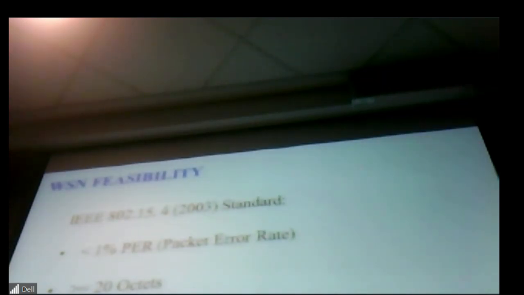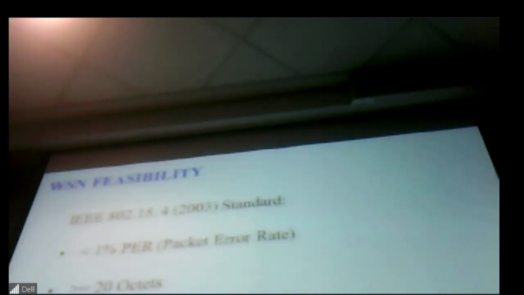The standard states that if you want to apply a wireless sensor network, the packet error rate must be lower than 1%. I wrote this wrongly in my paper; if you look carefully afterwards, you will see it. Lower than 1% means that if we send 100 packets, only 1 packet is lost.